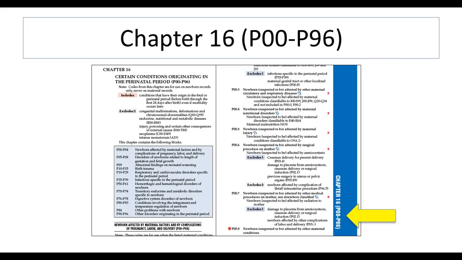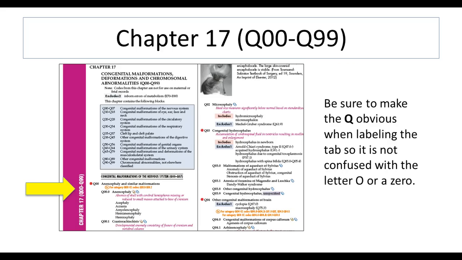Chapter 16 is labeled P00 through P96. Chapter 17 is labeled Q00 through Q99. Be sure to make the Q obvious when labeling the tab, so it is not confused with the letter O or a 0.